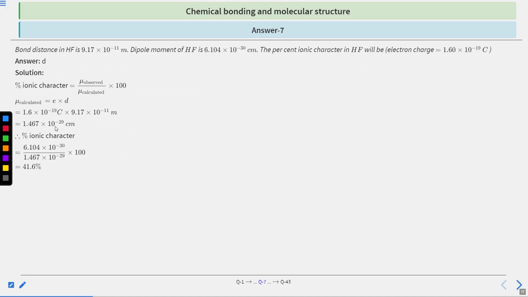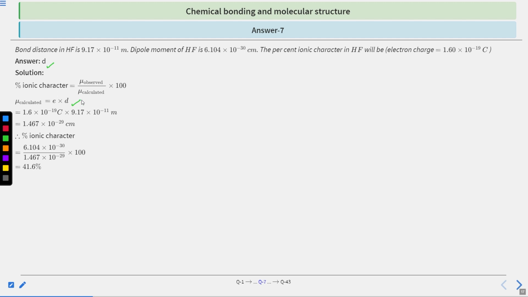Okay, so the correct answer is option D. The percent ionic character formula is given by mu observed, that is the dipole moment observed, upon the dipole moment calculated, multiplied by 100, as we are calculating the percent ionic character. Mu calculated is e times d, where e is given in the question and d is the bond distance given in the question.